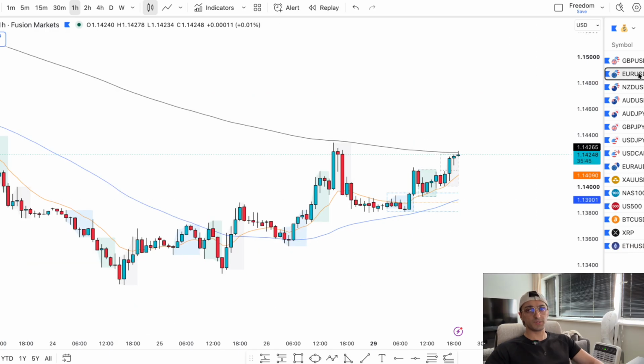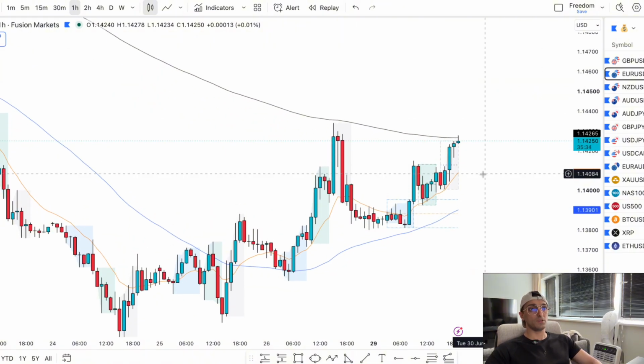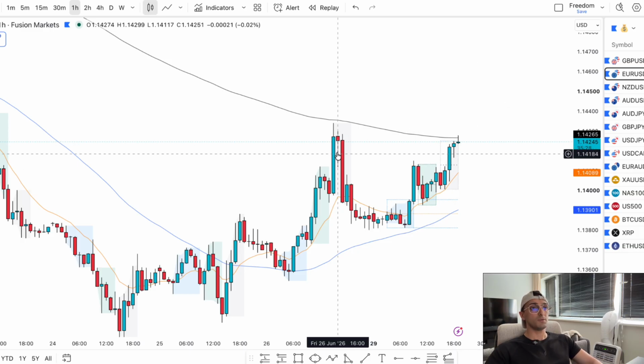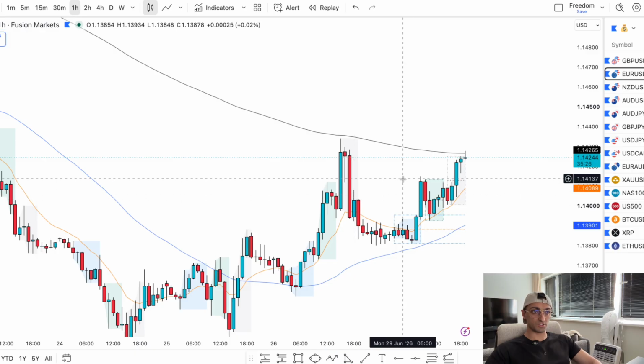When you are trading Euro USD, you are betting if Euro is getting stronger or weaker compared to US dollar. Now, if you have a long position, it means you're betting that the Euro value is going higher. If you're in a short position, you're betting that the value of Euro is going lower.